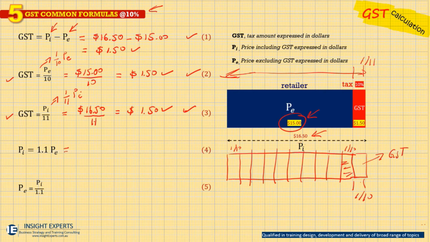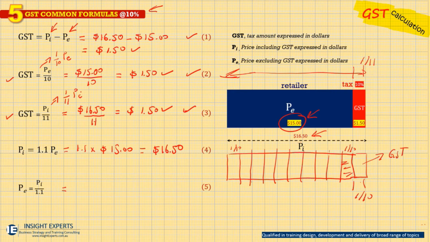So in this case, 1.1 multiplied by 15 is $16.50. So at any point of time, if I want to calculate the price including GST, I multiply the recommended retail price by exactly 1.1, and that is applicable when the GST rate is equal to 10%.